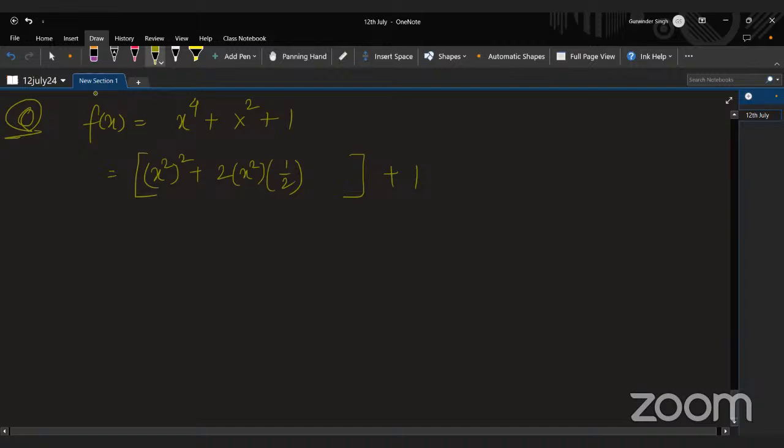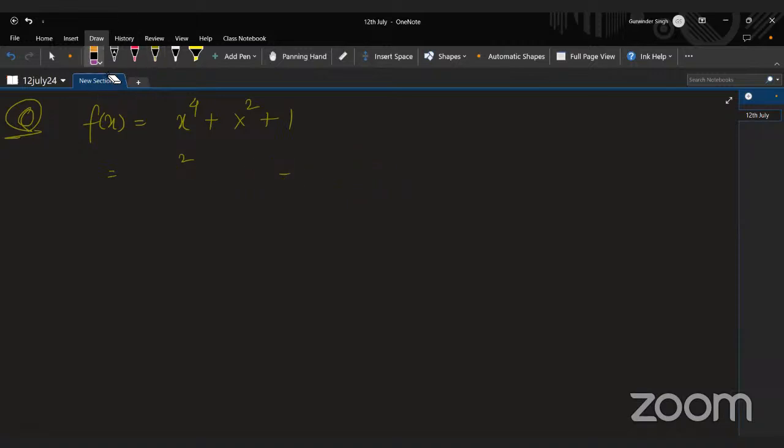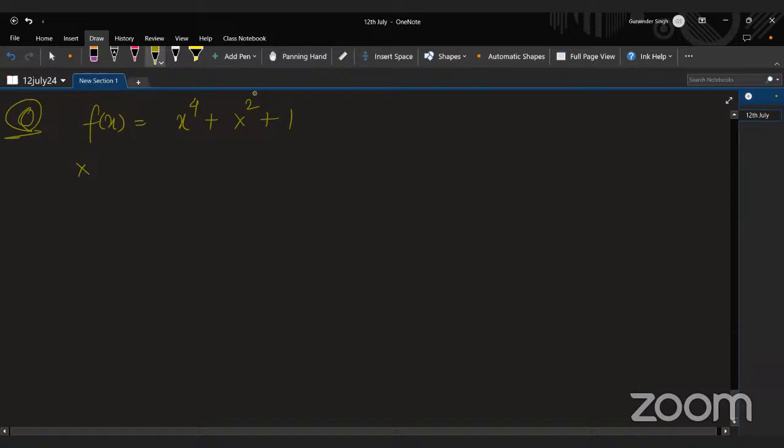So in other words, I will explain to you in an easy way. Since everything over here is coming in form of x square, I will let x square be some quantity z. So my f of x can be written as z square plus z plus 1.